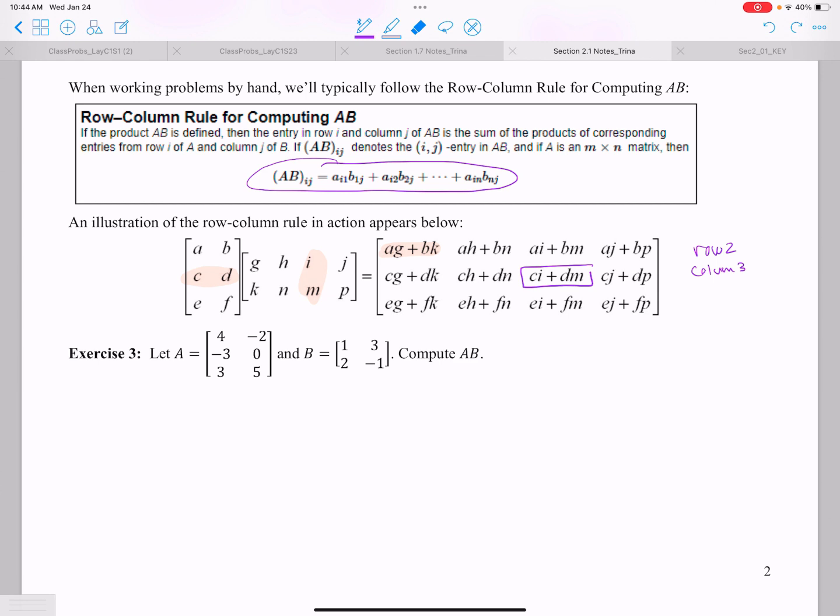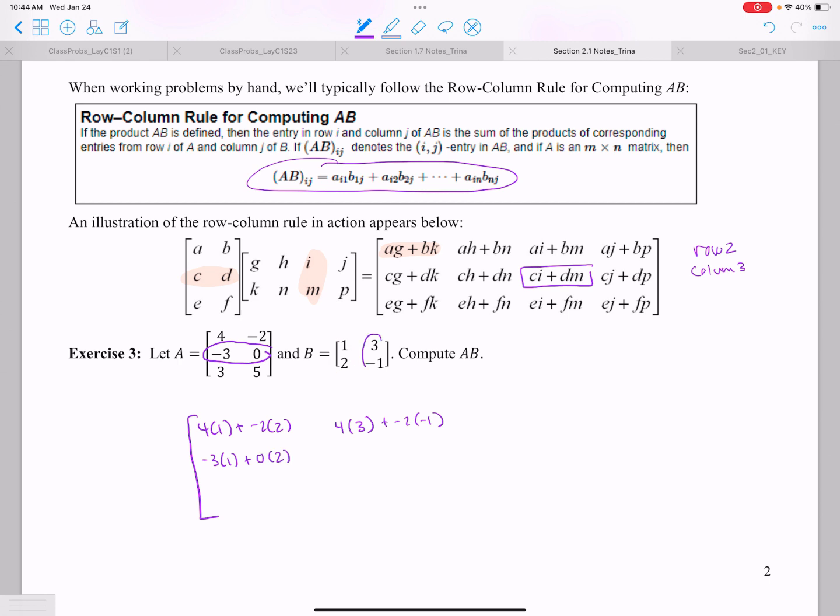Let's compute AB. So I'm going to take my first row and my first column. So my 1,1 entry is going to be 4 times 1 plus negative 2 times 2. And I'm going to take my first row times my second column and do the dot product. So 4 times 3 plus negative 2 times negative 1. Row 2, column 1, dot product would be negative 3 times 1 plus 0 times 2.